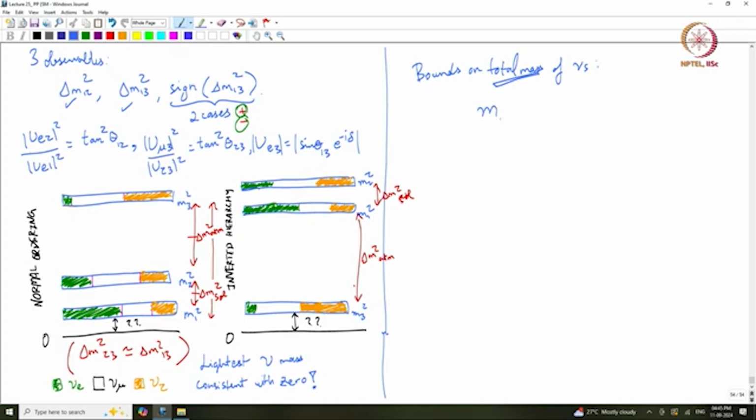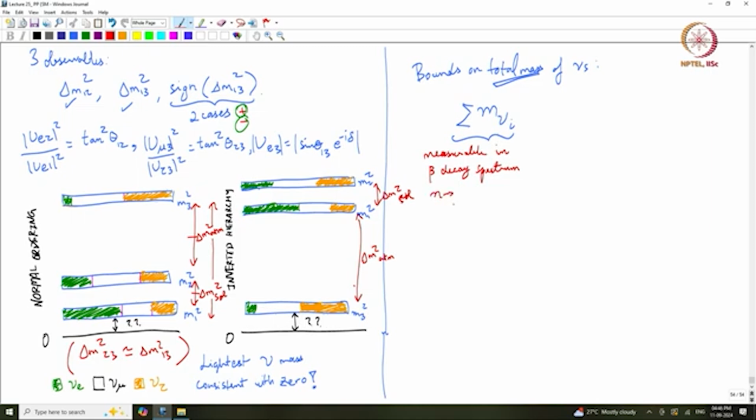The masses of the 3 eigenstates, okay, if you add them up, this is a quantity that you can measure from in the beta decay spectrum. In particular, if you look at the end point of the spectrum, this is something that you can measure.